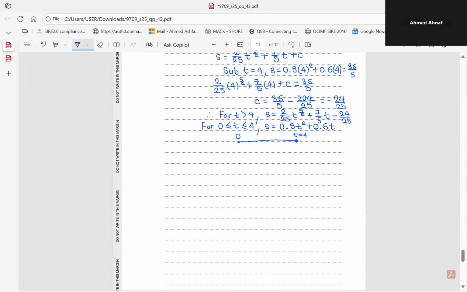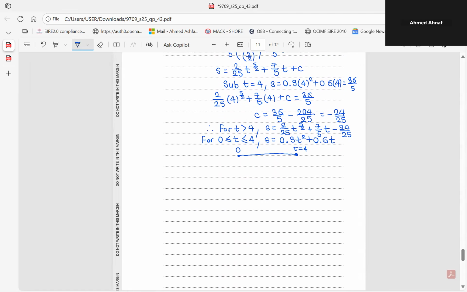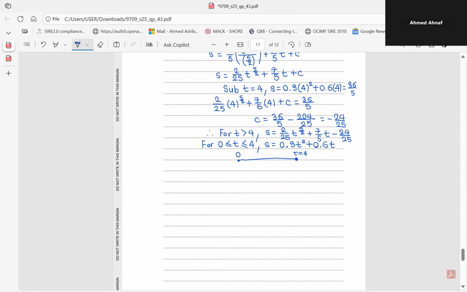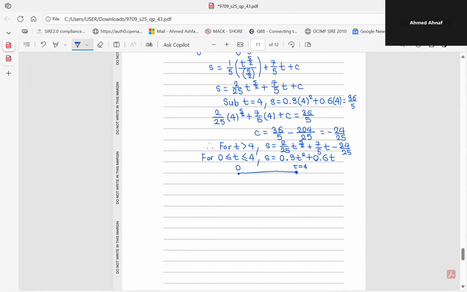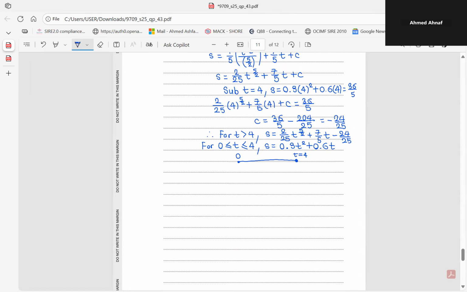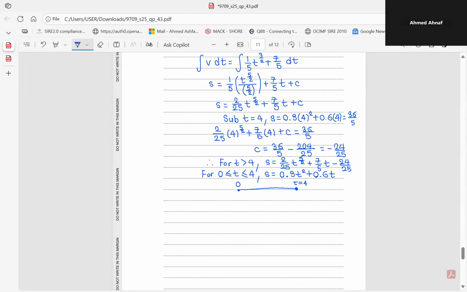Now we're going to find for the remaining values from t equals 4 to t equals 16. So now you have to use the other formula. You can use trial and error.